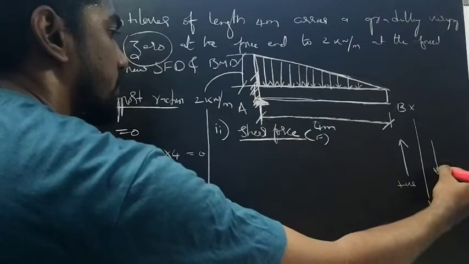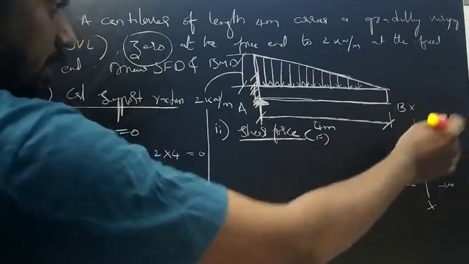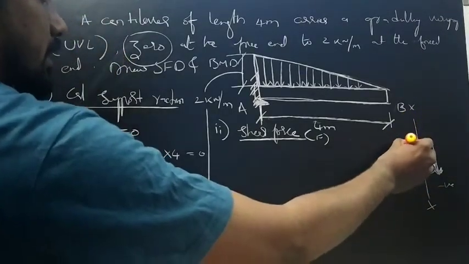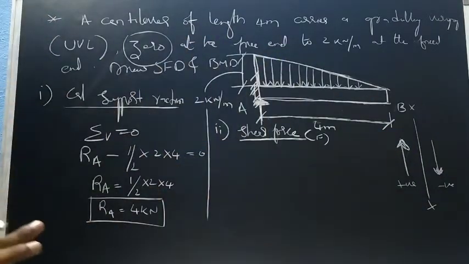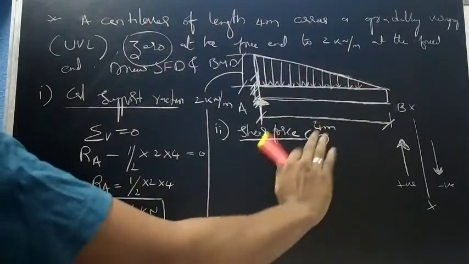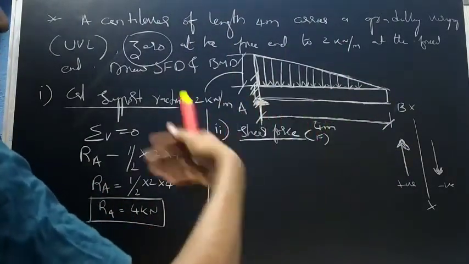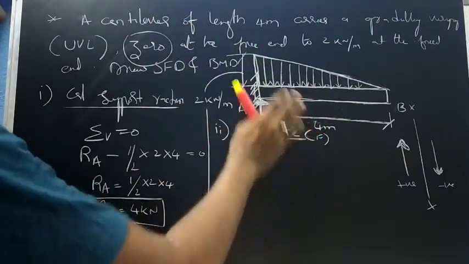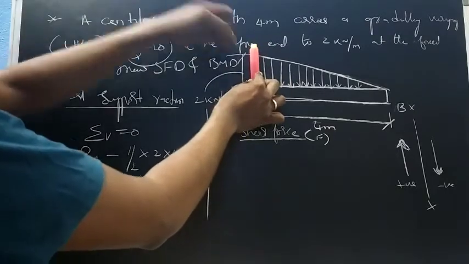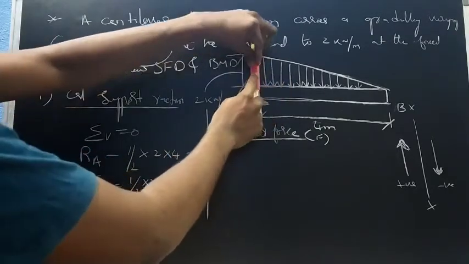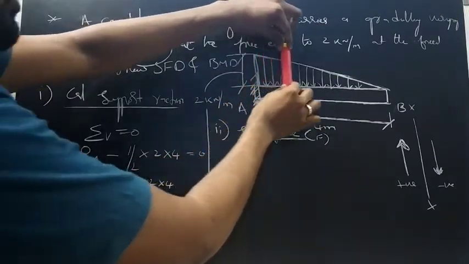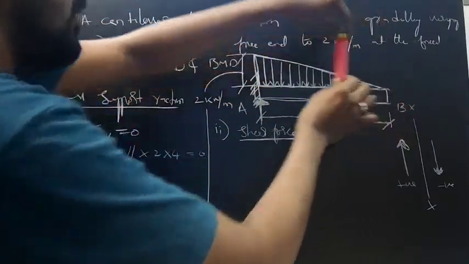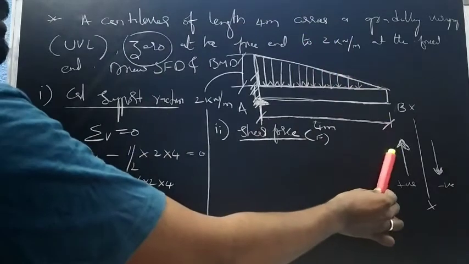So most of the students get confused here. So please be careful while choosing sign. Okay, clear? So in all the problems in the previous videos, we just took the forces which are on my left. So I'm moving from here to here, right? I'm taking all the forces on my left.